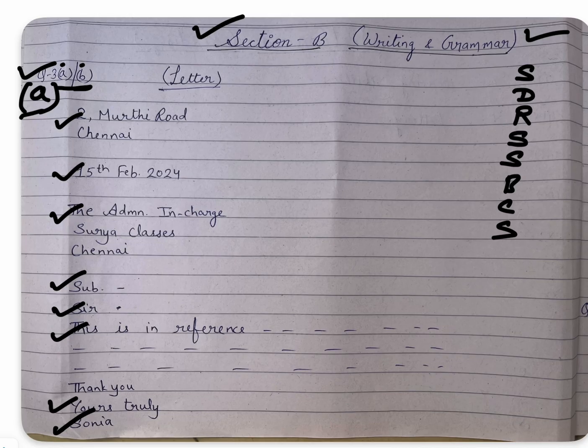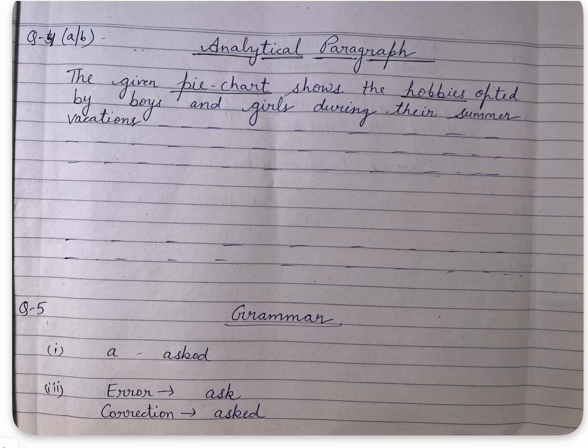So your letter should look like this. If you are writing like this, you will get good marks. After writing the sender's address, leave one line space, then the date, leave one line space, so that your letter looks systematically arranged. In this way you are to write the letter.